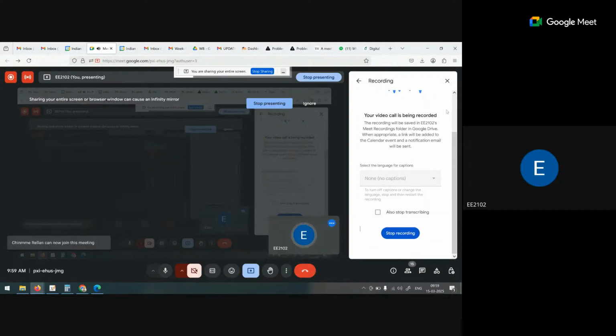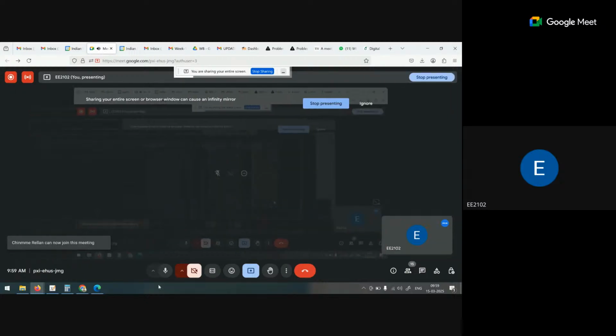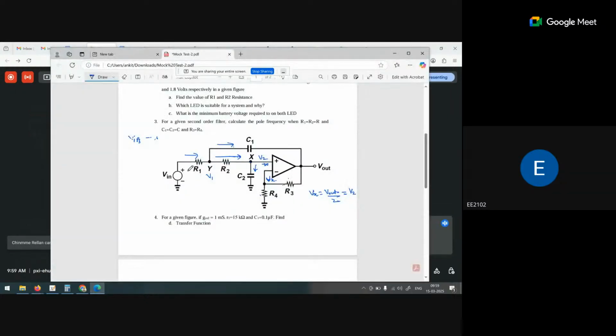Either I can replace R1 and R2 by C1 and C2, and C1 C2 by R1 R2. So we can use either a low pass filter or a high pass filter, any particular circuit we calculate in this way only. Got it, sir.